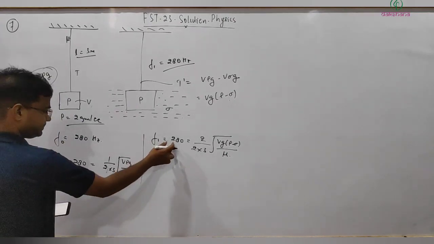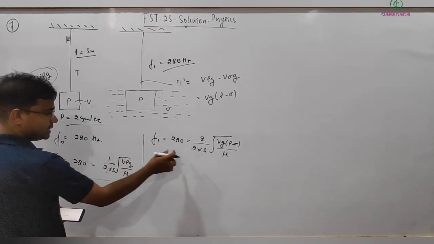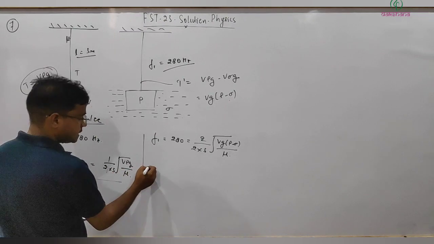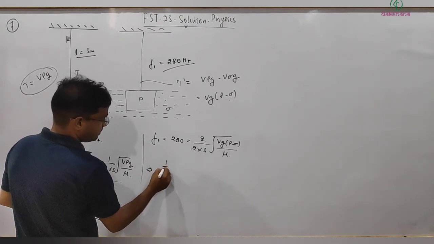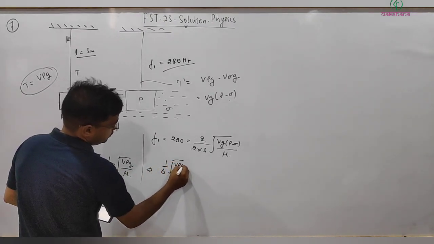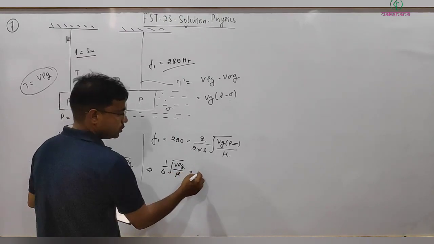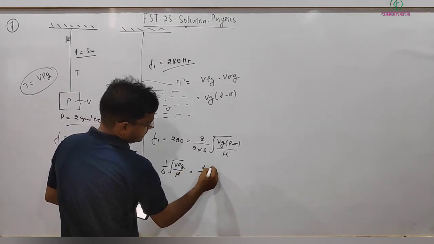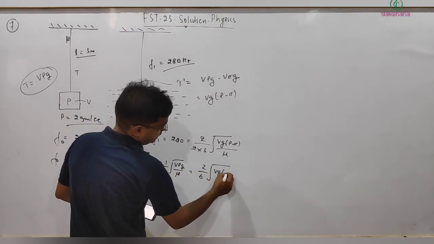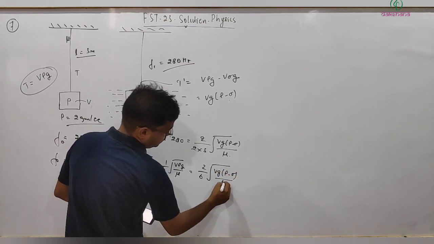Comparing these two, since they are equal, this implies 1 by 6 under root V rho g divided by mu should be equal to 2 by 6 under root V g into rho minus sigma divided by mu.